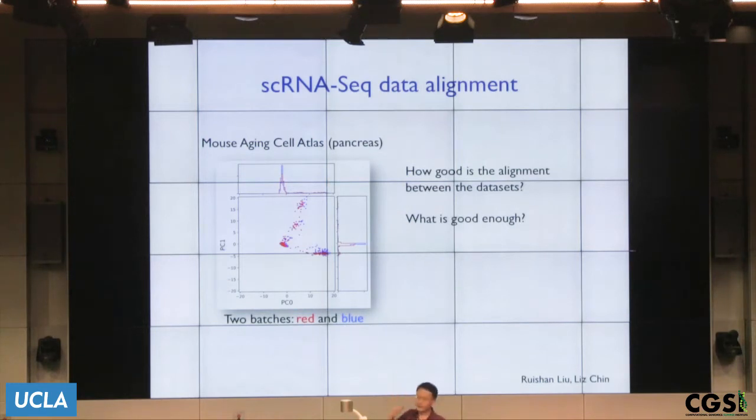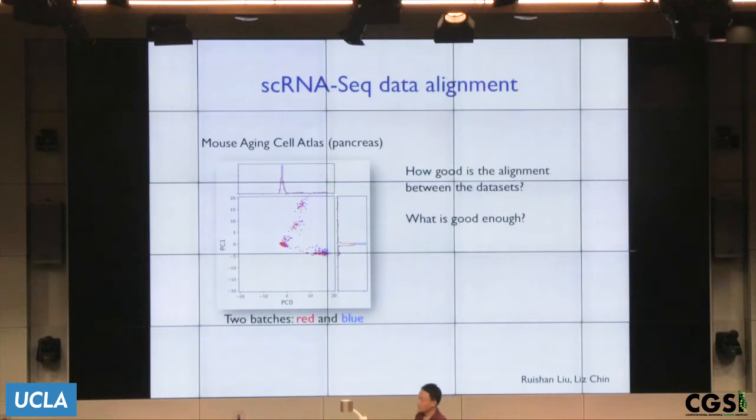Here each dot is one cell, a fairly high-dimensional vector of gene expressions for that cell. We have a bunch of dots from a cell atlas from the pancreas, and 2 colors, red and blue, which correspond to 2 different batches of experiments on the same tissue.